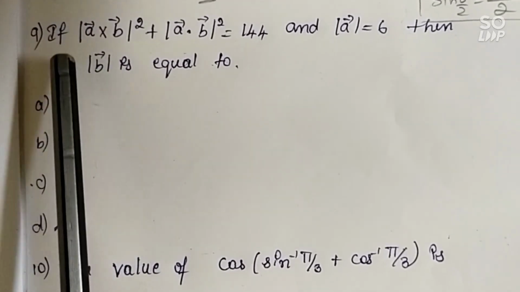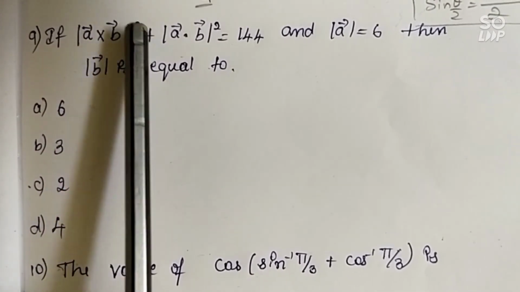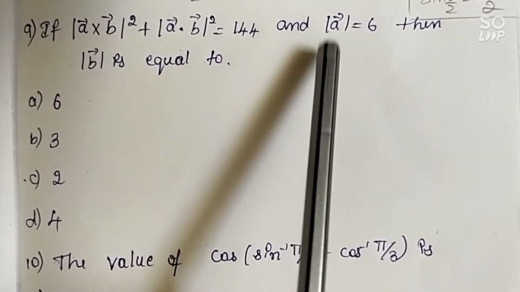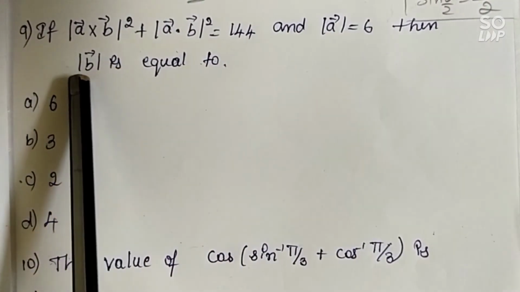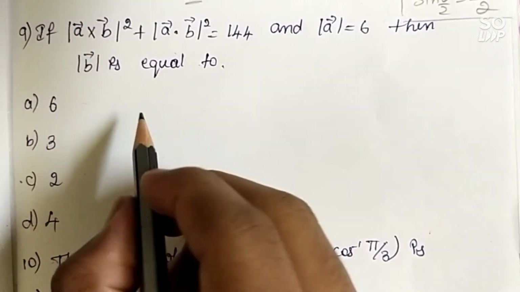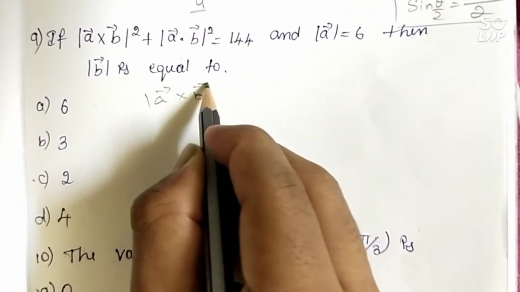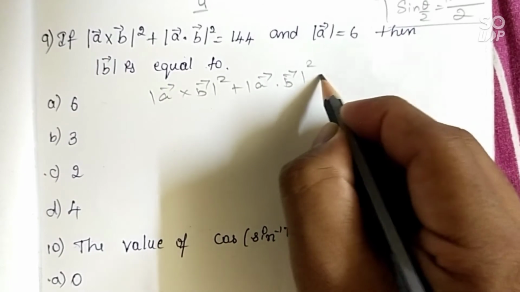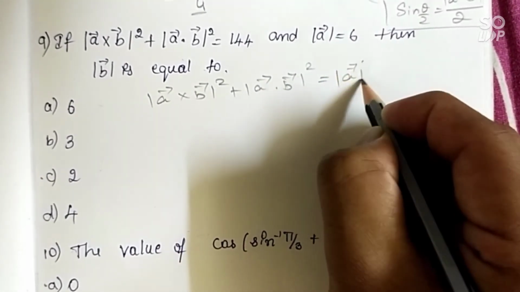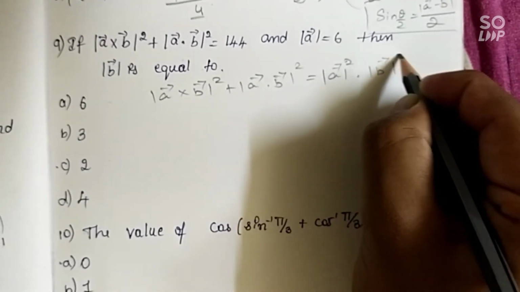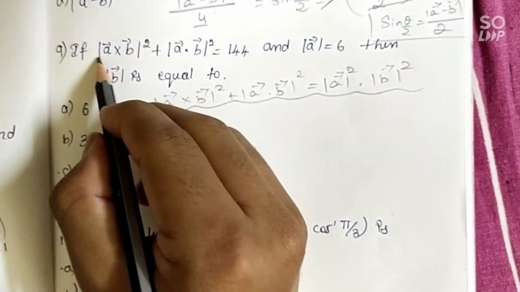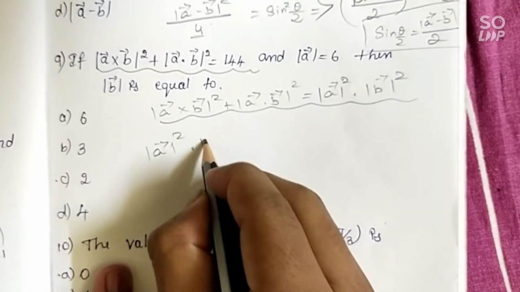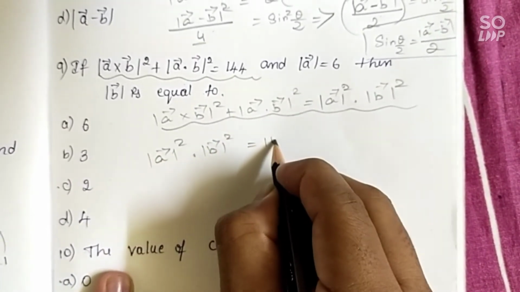The ninth question is, if magnitude of vector A cross vector B whole square plus vector A dot vector B square is equal to 144 and magnitude of vector A is equal to 6, then magnitude of vector B is equal to. Now we have a formula: magnitude of A cross B whole square plus A dot B whole square is equal to magnitude A whole square into magnitude B whole square. Now comparing this equation with this equation, we get to know that A square into B square is equal to 144.